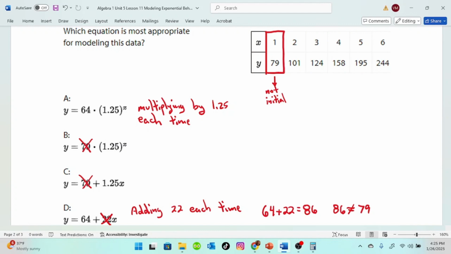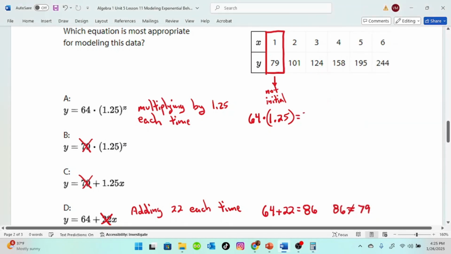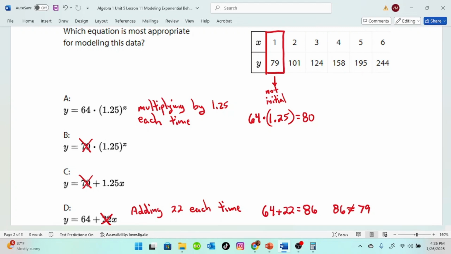Now we can look at A. If I take 64 and I multiply that by 1.25, then we get 80. And 80 is a lot closer to 79 than 86 is.